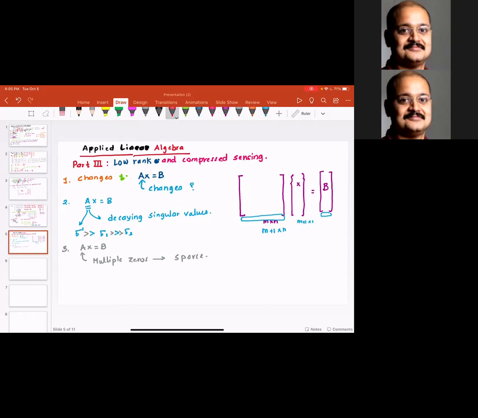We looked at this case as part of compressed sensing in the last class. But in today's class, we are going to talk about what happens when the matrix A changes and what happens when the singular values decay.